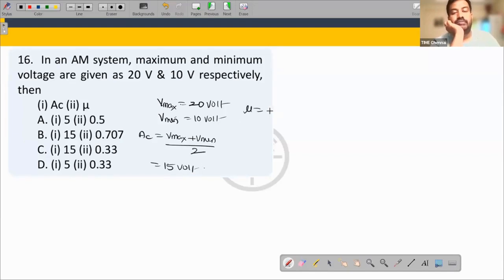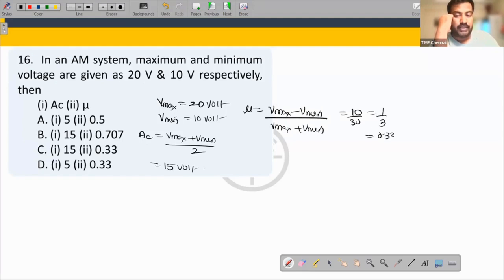Find mu. Mu is Vmax minus Vmin by Vmax plus Vmin. That's 10 by 30, 1 by 3, 0.333. 15 and 0.333. Option C is the answer.